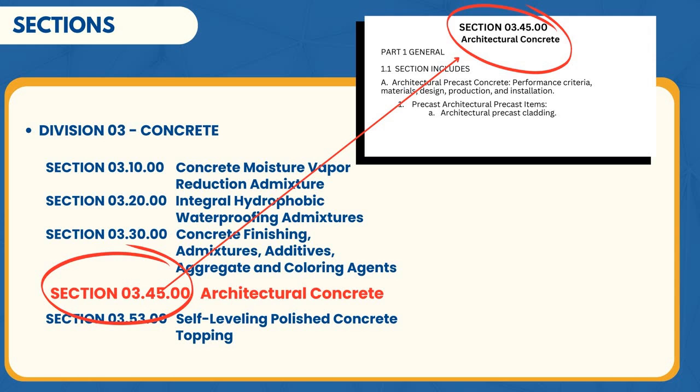So in this particular section of Division 03 Concrete, we have a section 03 Concrete .45 Architectural Concrete. So this is how, again, we're using this structure to be able to organize the specifications to help us quickly maneuver to get to the information that we need.